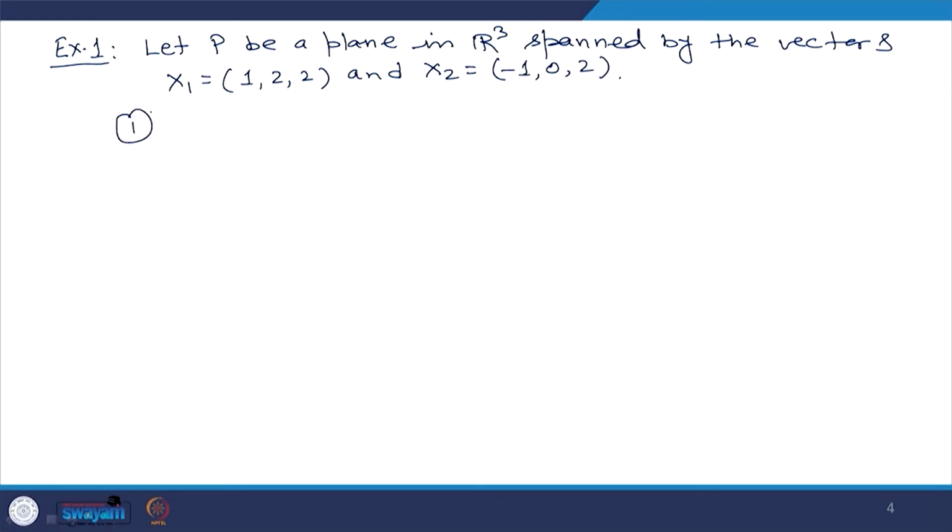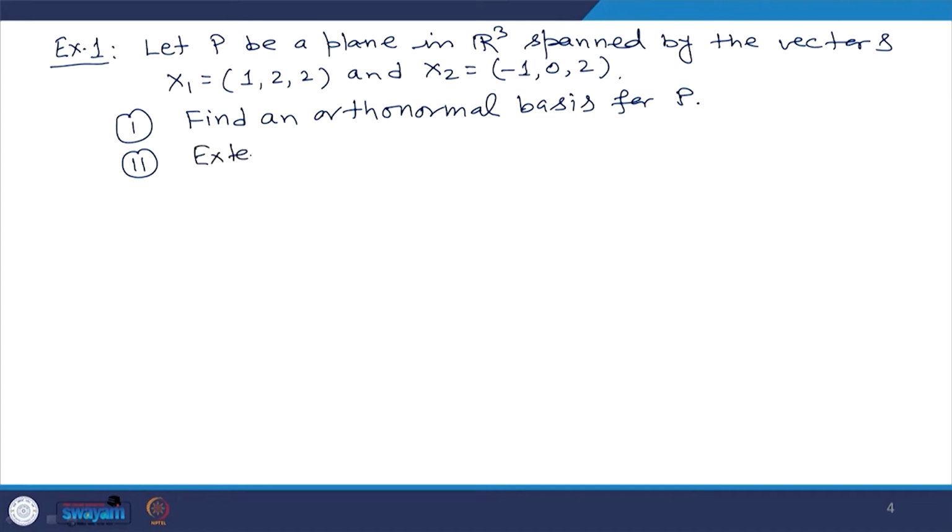So, now first find an orthonormal basis for the subspace P, and the second thing, extend it to a basis of R3.